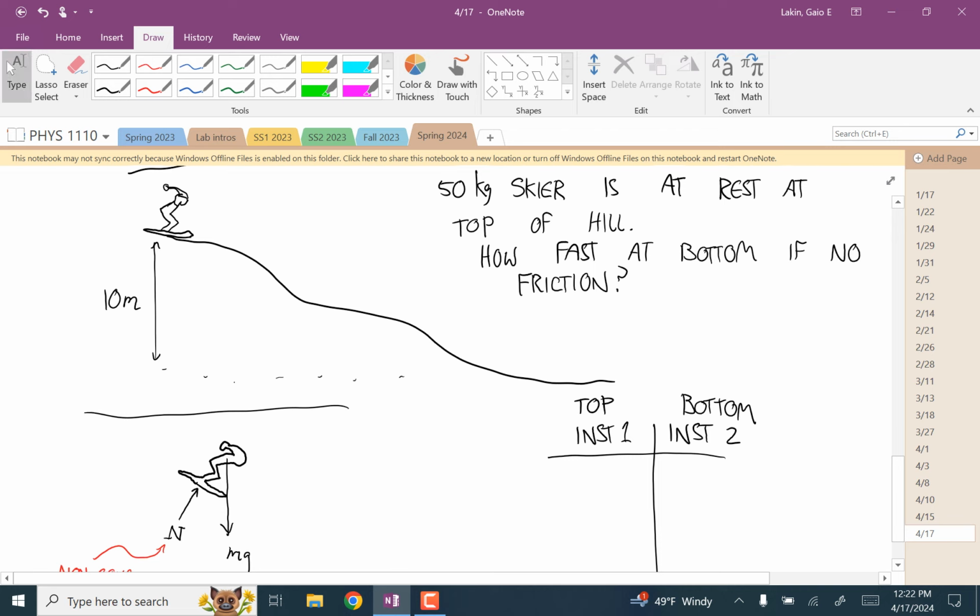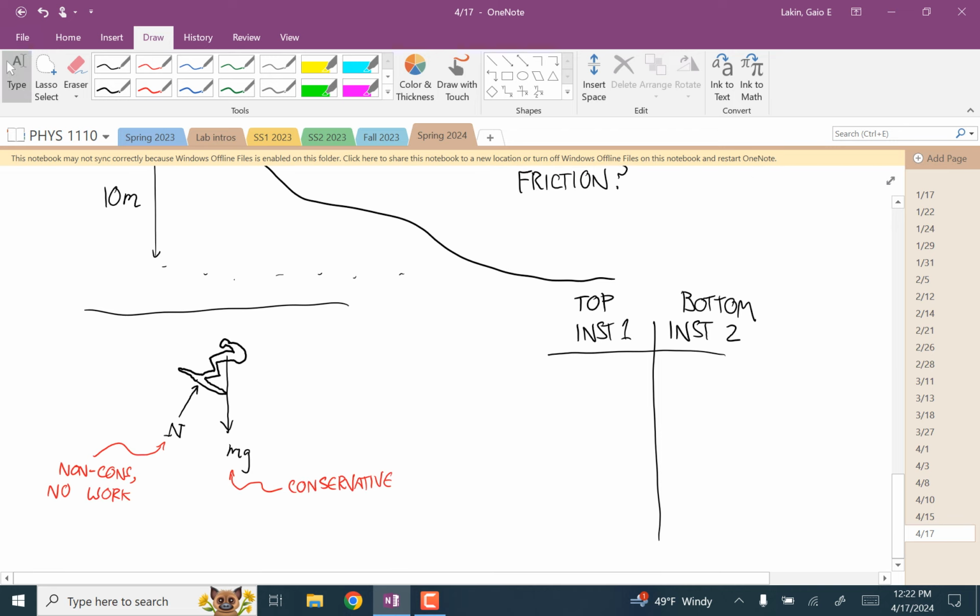And conservation of mechanical energy says at both of these two instants, we want to calculate the total potential energy and the total kinetic energy. Okay, well, let's start with the potential energy due to gravity at the top of the hill. We're going to calculate this as the mass times 9.81 times the height.